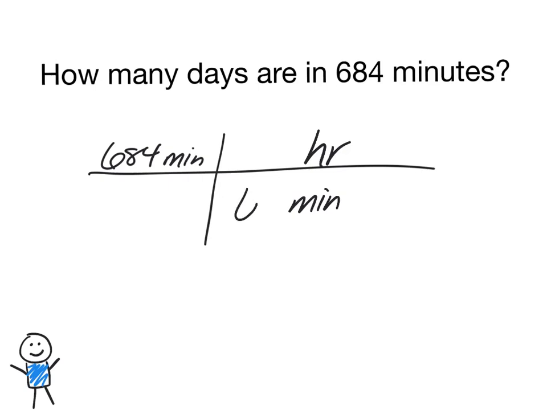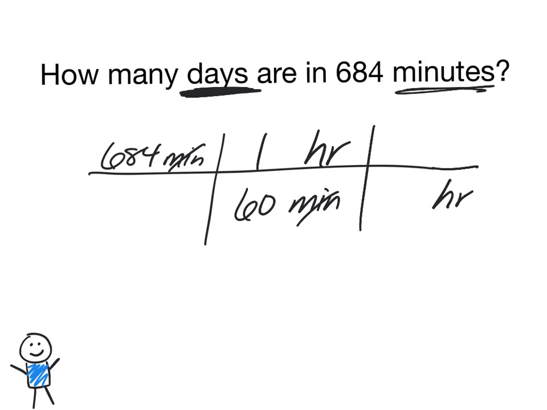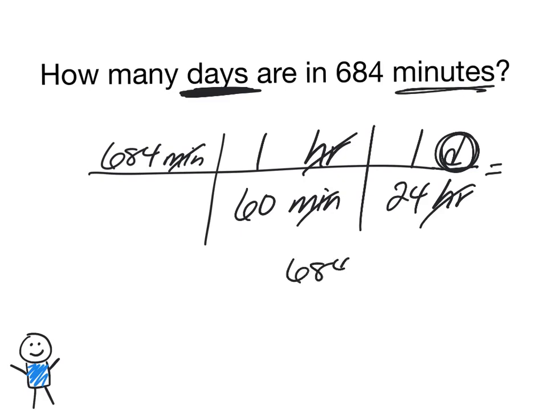I know that there are 60 minutes in 1 hour. So my minutes have canceled and now I'm in the units of hours, but I still need to get to days. So make another T, bring down that unit that you have. I do know how many hours are in 1 day. There are 24 hours in 1 day, leaving me with the unit that I want this to be converted into, days. Now let's do some math. Across the top, 684 times 1 is 684.